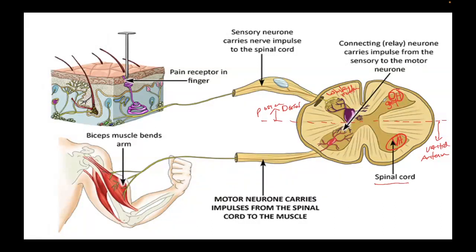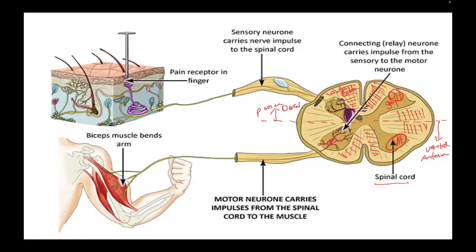In the white matter, we have columns. Everything that we see back here, and everything we see back here, these are called dorsal columns. These in the front are called ventral columns. And off to the side, these are called lateral columns.